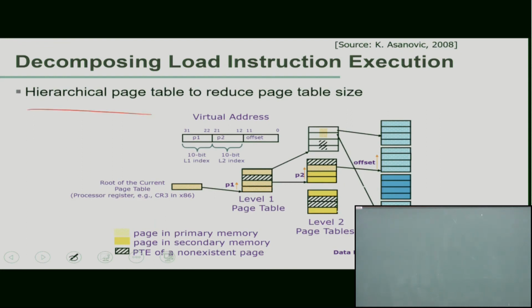In a hierarchical page table, you first access a level 1 page table, and if the entry is invalid, that means that specific segment of pages is not allocated and not being used, so you simply return. Otherwise, the level 1 entry points to the beginning of the level 2 page table, and then you access a specific PTE from the level 2 page table, which contains the PTE you're looking for.